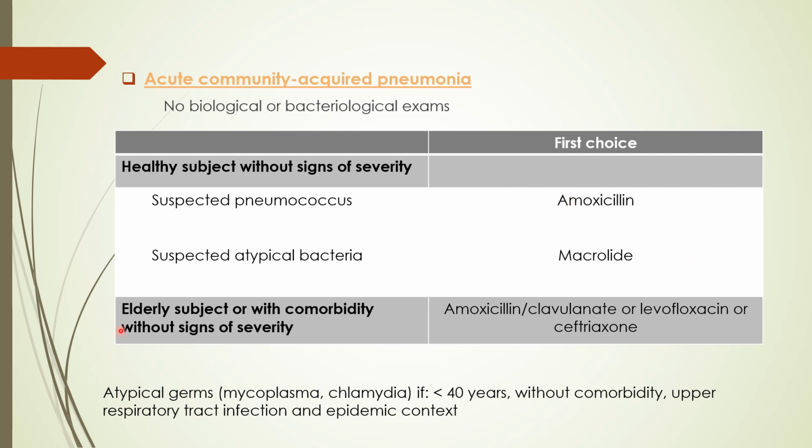If we suspect atypical bacteria like Mycoplasma or Chlamydia, we give macrolides. And for elderly subjects or young subjects with comorbidities, but without sign of severity, because if we had sign of severity, we have to hospitalize these patients. In that case, we give amoxicillin-clavulanate, or levofloxacin, or ceftriaxone.